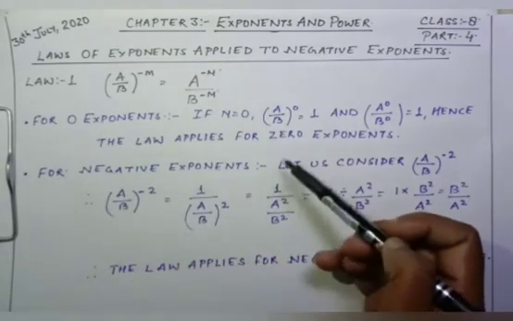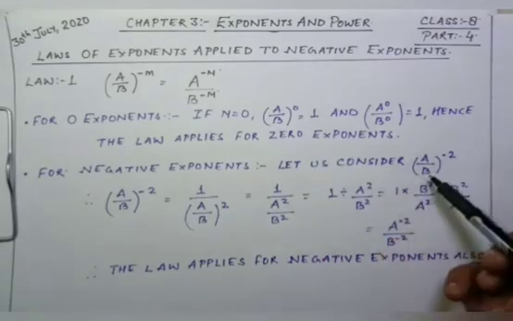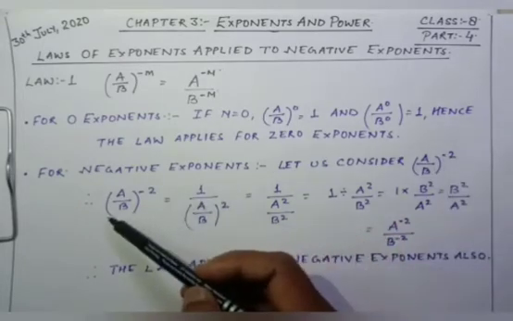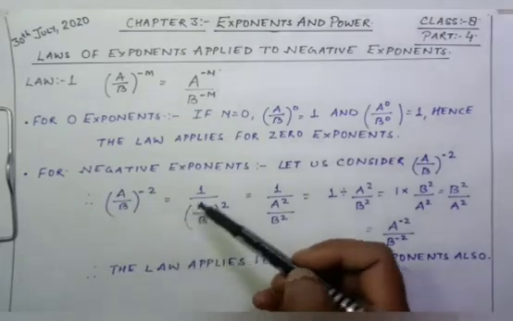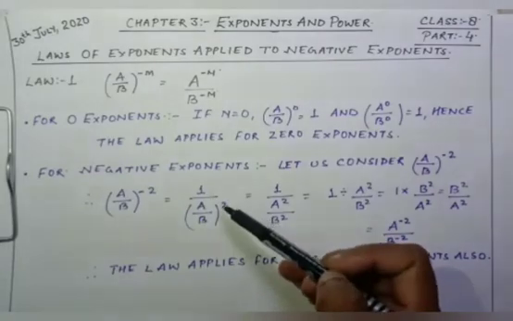If the power is negative, over here let us consider a upon b. This is a base and the power is negative 2. So it can be solved as (a/b) to the power minus 2 is equal to 1 upon (a/b) to the power 2.